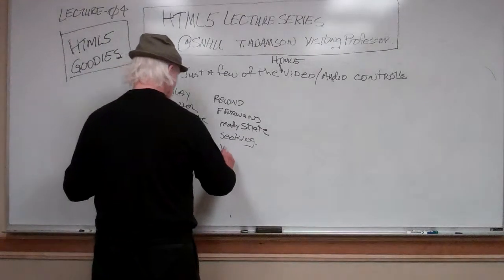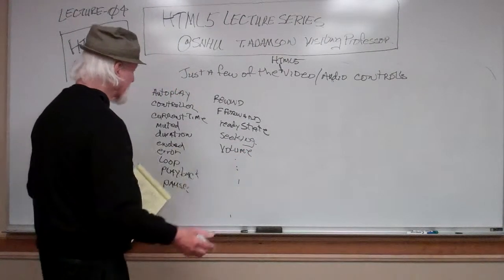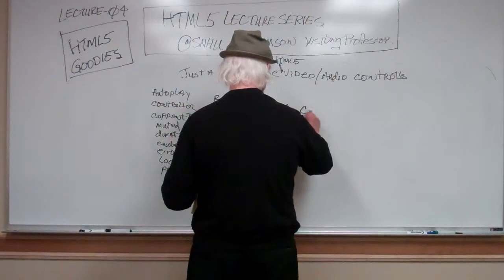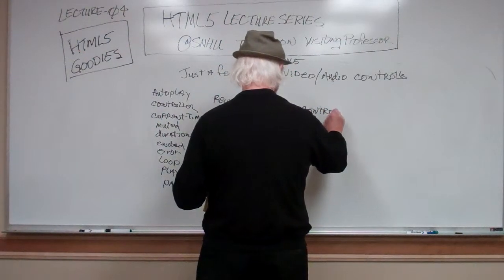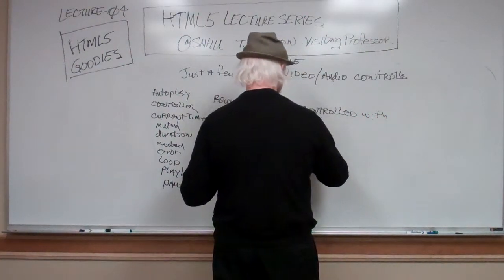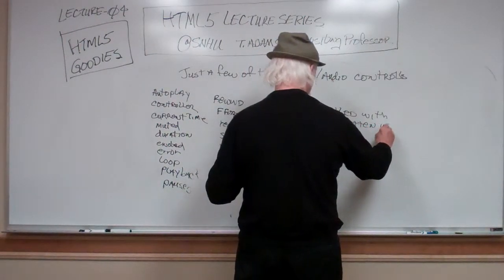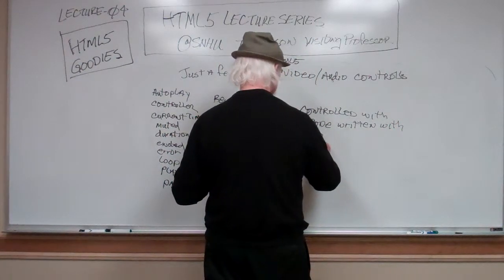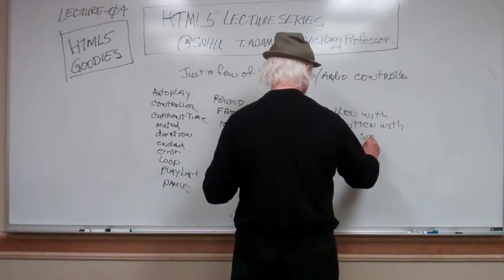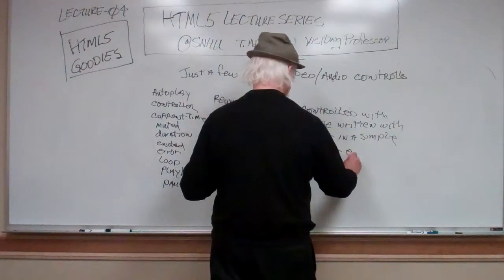Of course, you can have volume. And the list goes on. There's all kinds of things that you can control with this. And this is controlled with code written with text in a simple text editor.